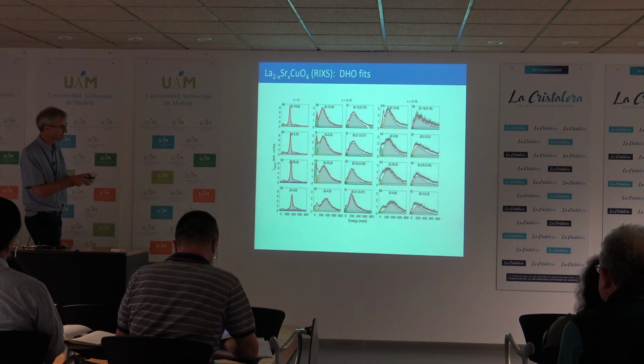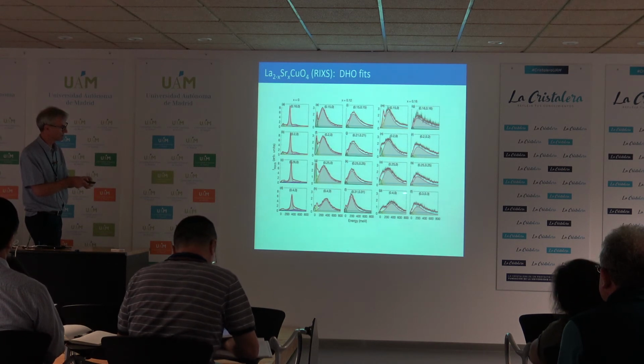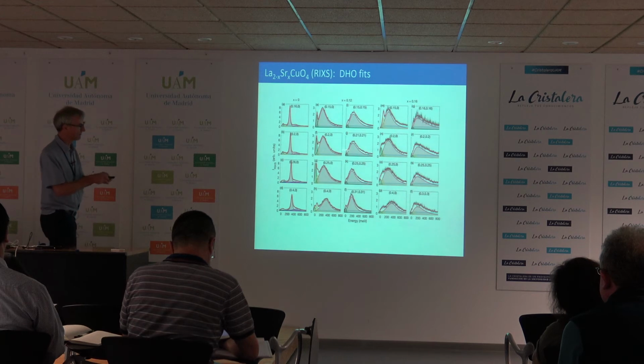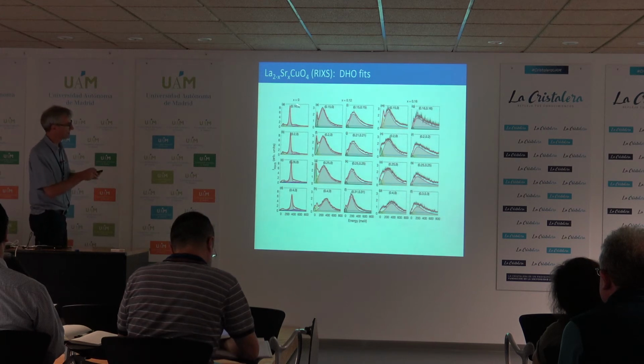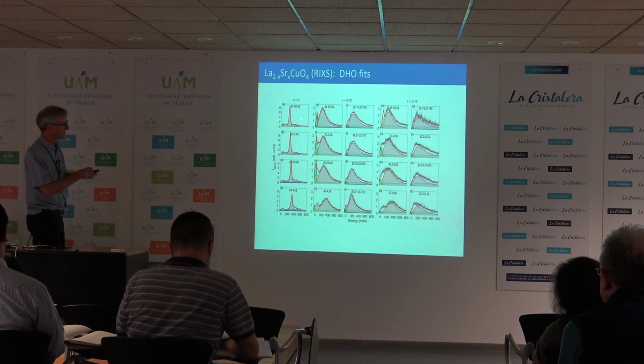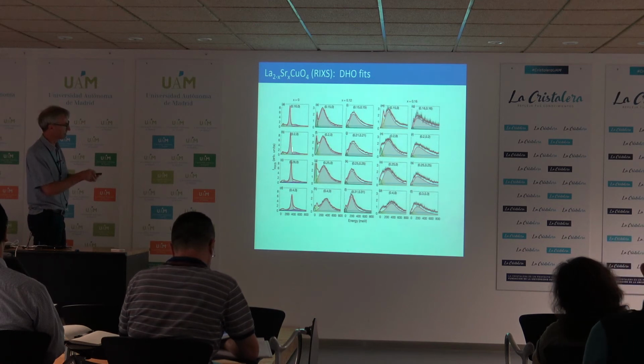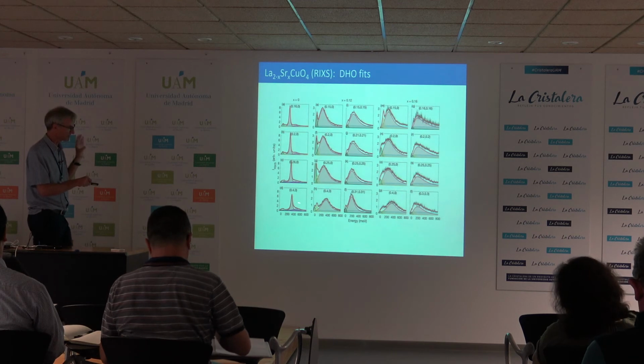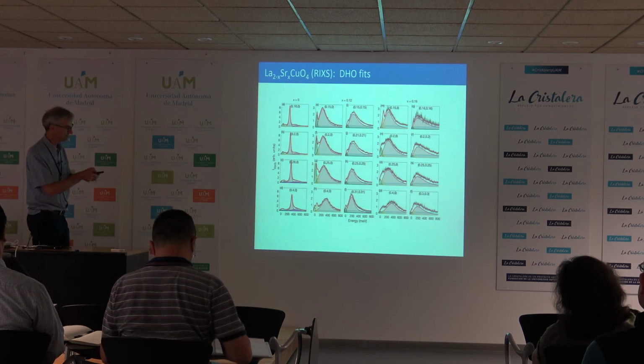And you can see, within the resolution that we have, which is about 40 millivolts, the harmonic oscillator is an extremely good fit across the whole range of excitation. So these are different dopings. In fact, we even fitted the parent compound with the harmonic oscillator. The damping took care of the resolution function. So this is increasing doping, and you can see the excitation broaden slightly.